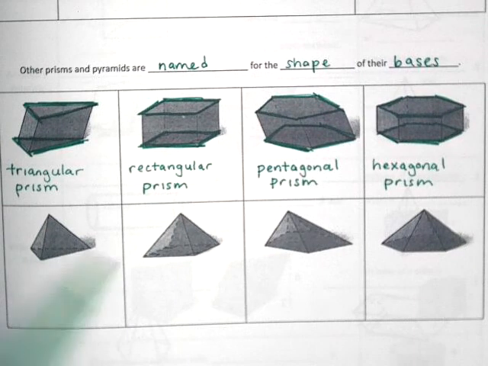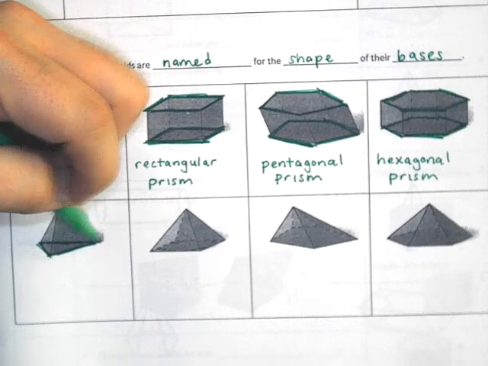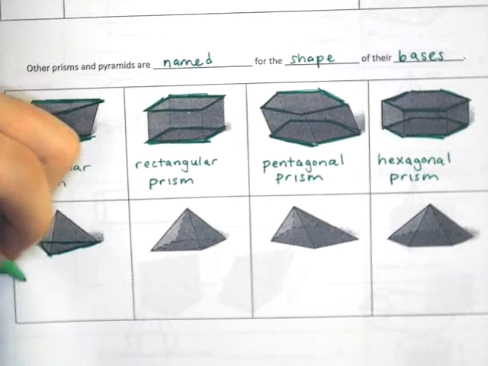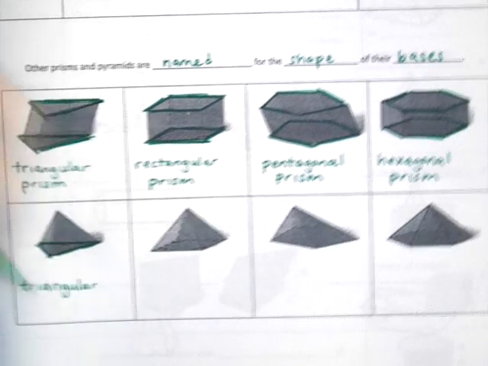Because all of these are made up of triangles, we know that all of them are going to be pyramids. So really all we have to do is figure out and maybe sketch in or highlight the base, and we're going to be on our way. So in our first picture, once again, along the bottom, I'm seeing this triangle. So this is a triangular pyramid.